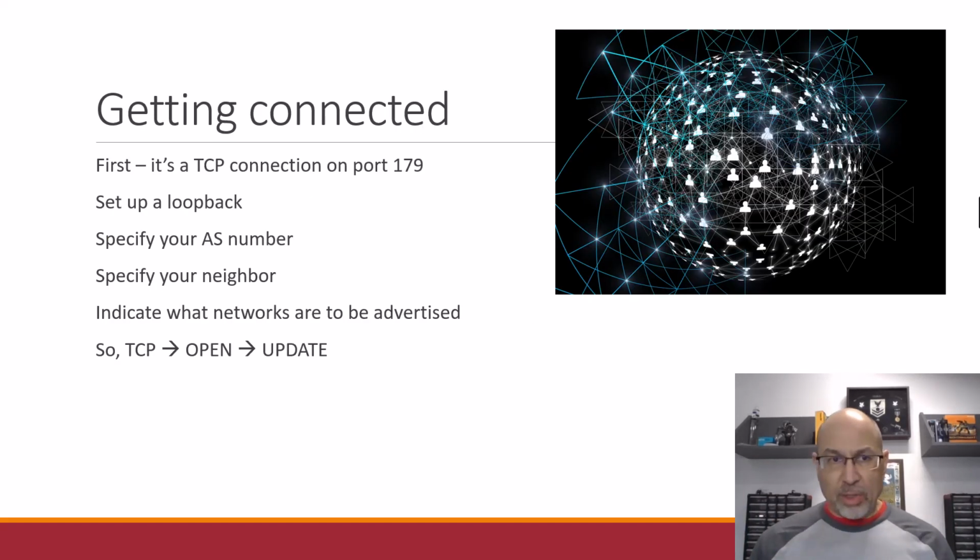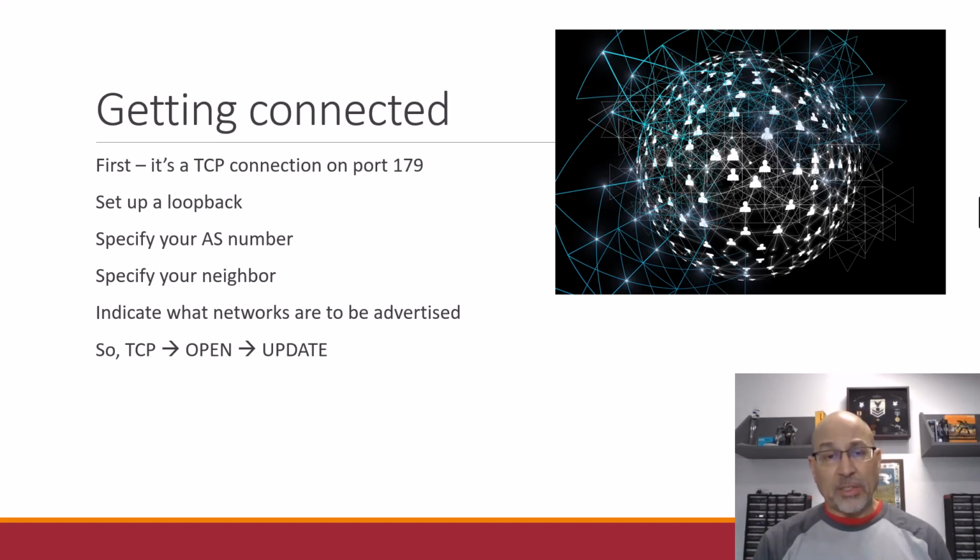Now, what are we going to see today? When we start our build, we should remember that this is a TCP connection, exactly like any other TCP connection you're used to seeing. The routers are going to establish that layer 4 connectivity, and we're going to do it on port 179. We also want to set up our loopbacks so that BGP automatically picks up its router ID, or its BGP ID.